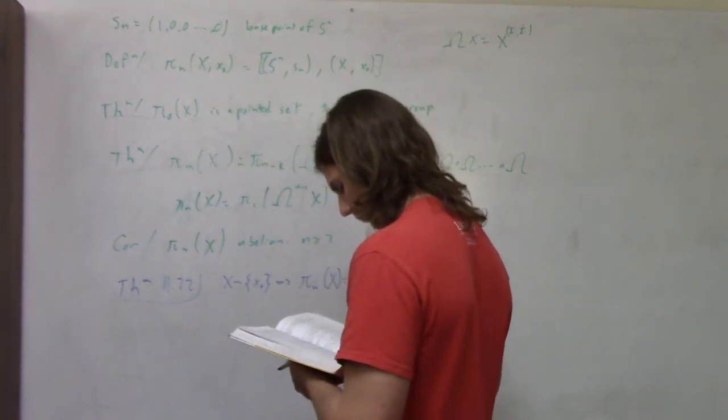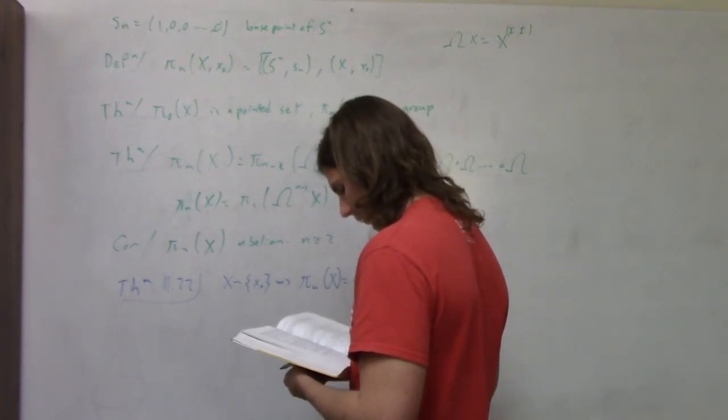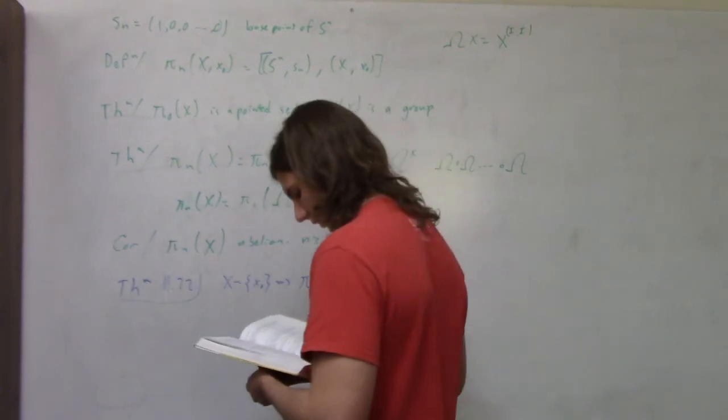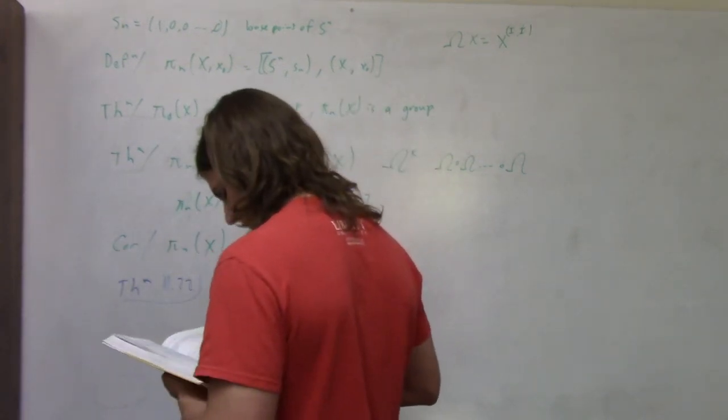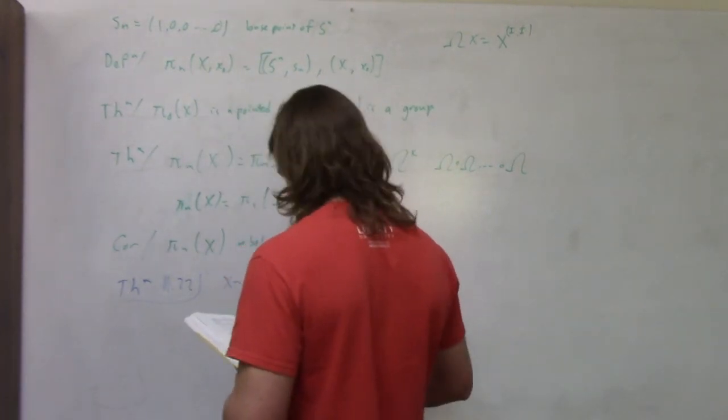Because there would only be one function from Sn into x, and so that makes it 0.